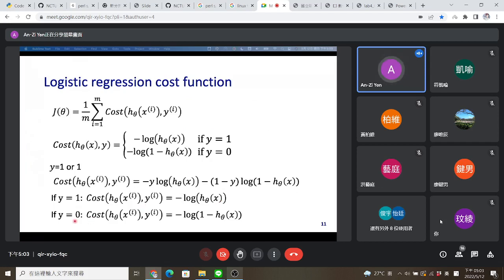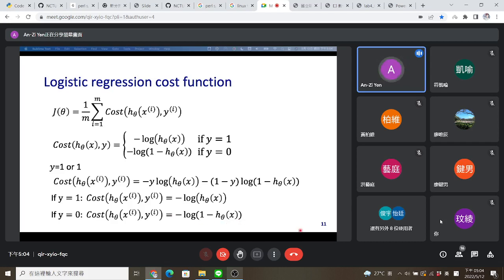If y equals 0, then the first term equals 0, and 1 minus 0 is 1. Then we get the equation minus log of 1 minus h of x.